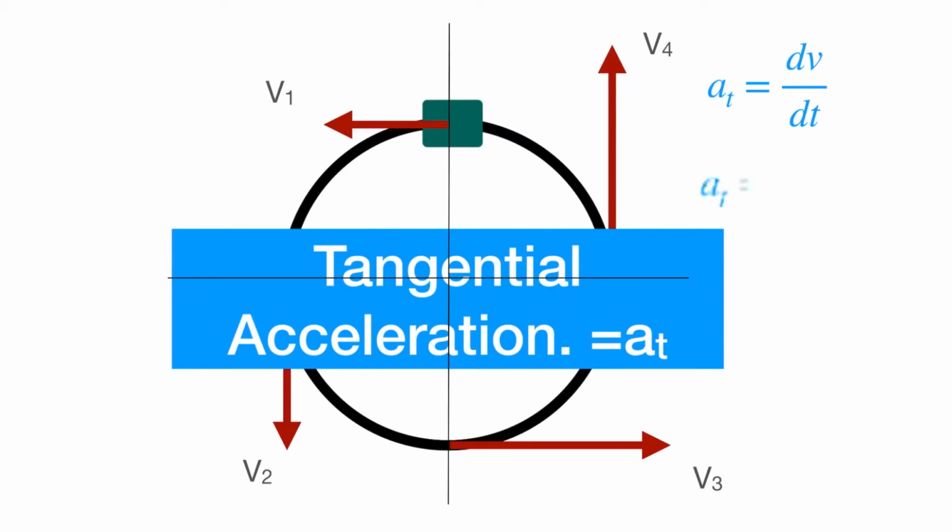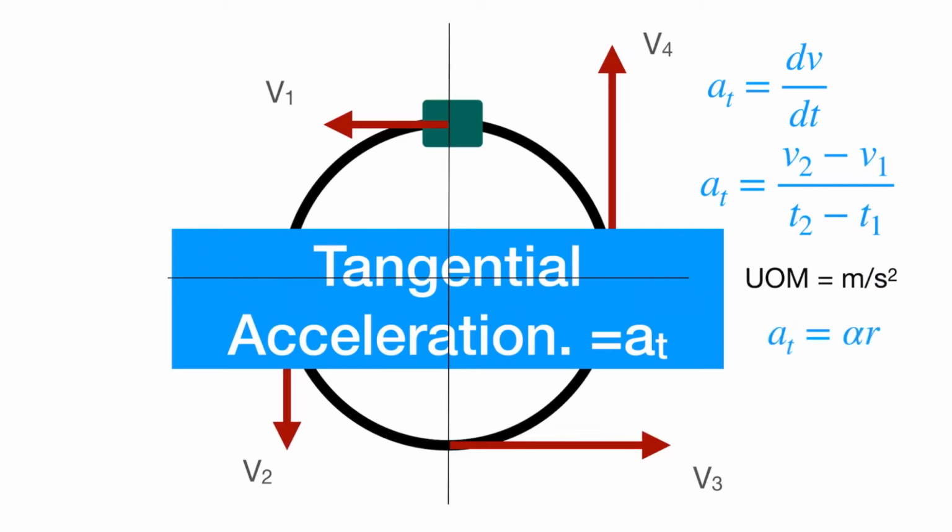The average tangential acceleration is given by v2 minus v1 divided by the time duration, and its unit of measure is meter per second squared. The magnitude of tangential acceleration is related to angular acceleration with the equation at equals alpha r. Alpha is angular acceleration and r is the radius of the circle.